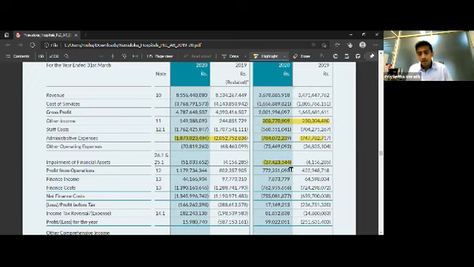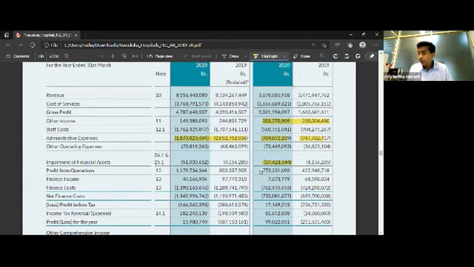You need to impair, right? If you buy a treasury bond and if you check the market price today, and if the market price is lower than the book value, then you need to impair. So that provision is similar to bad debt provision. And so we need to see the details, right? So 37 million they provided for impairment, and the group 51 million provided for impairment, right?